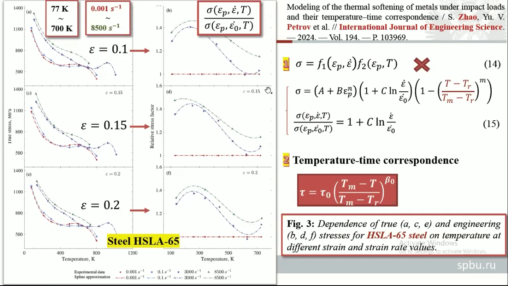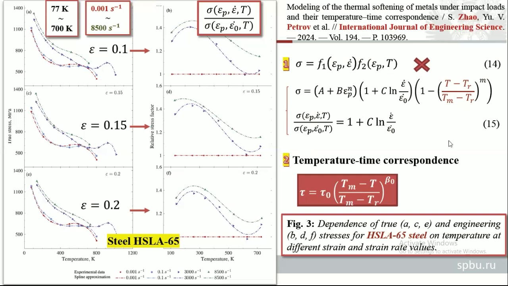Because if we just look at this relative stress factor shown here, which is a ratio of the true stress at high strain rate to the stress level at the quasi-static strain rate, then this general multiplicative form 14 will provide such a relative stress factor, which is actually independent of temperature, because during this division, the last multiplier just cancels out.